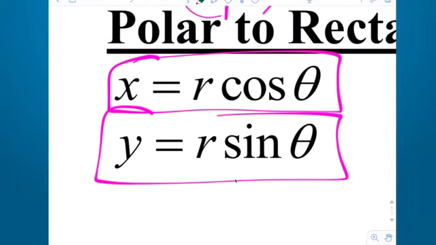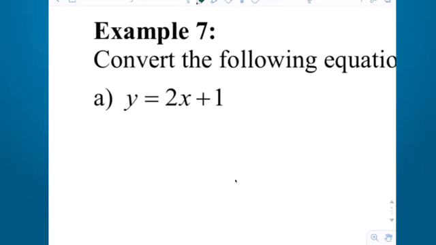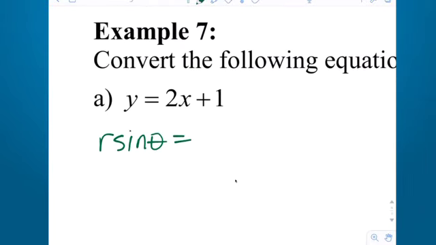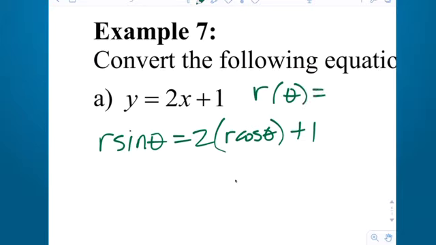Would that work? Yeah, I would plug it in, substitute. So y is equal to r sine of theta, and x is equal to r cosine theta.